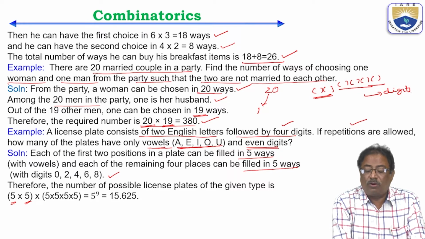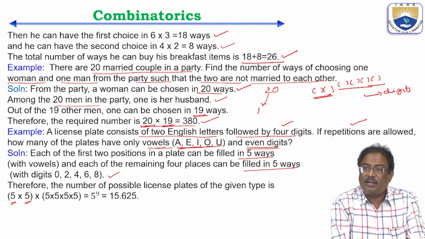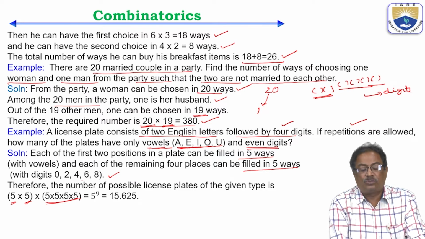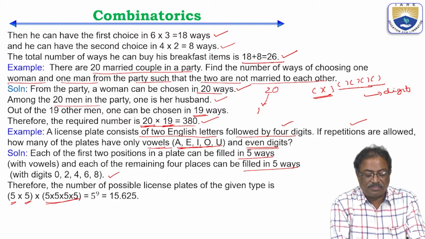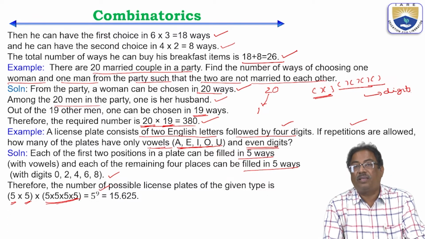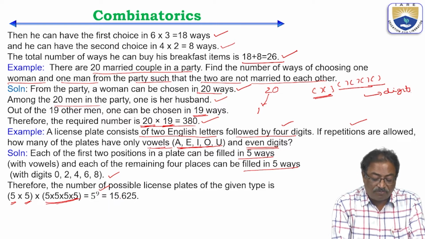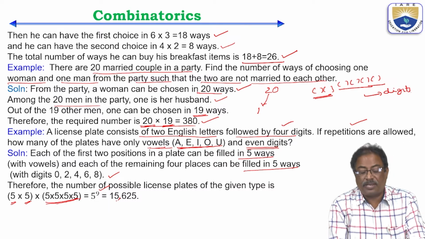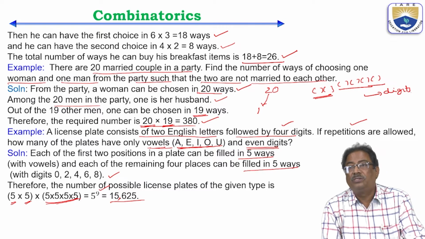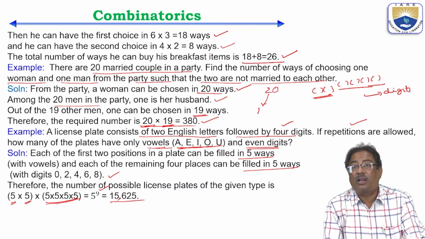Selecting the digits works the same way. So there are 5 to the power of 9 ways, which is 15,625 ways whenever repetitions are allowed.